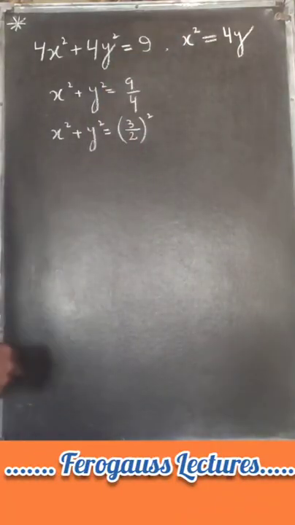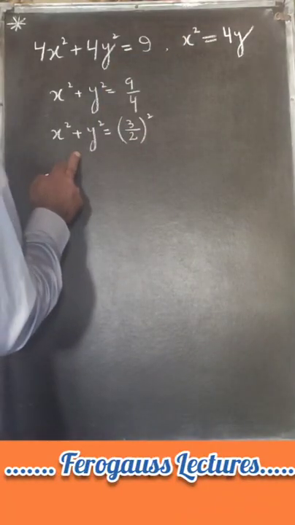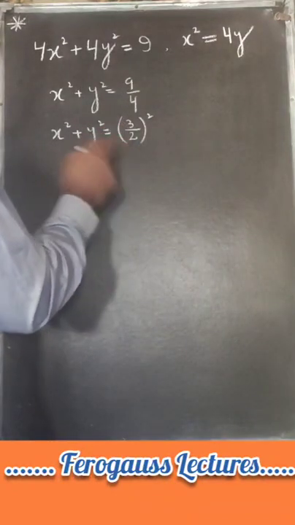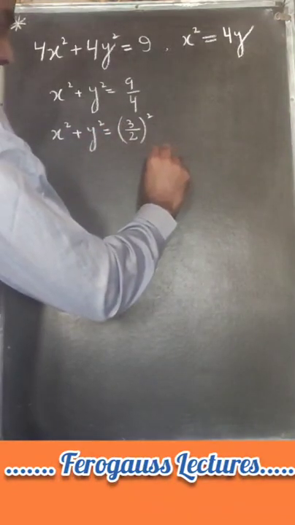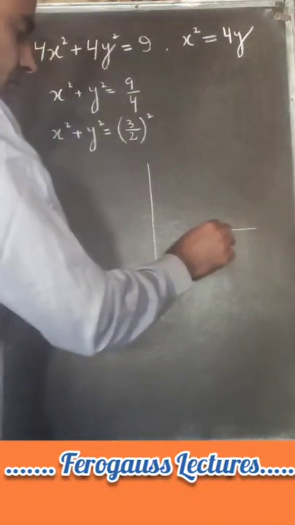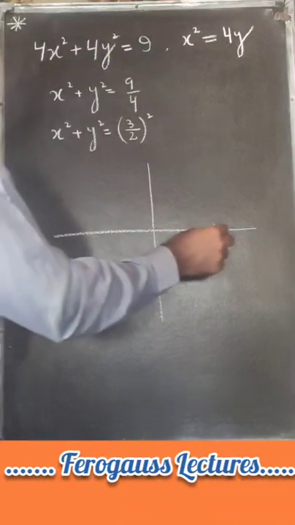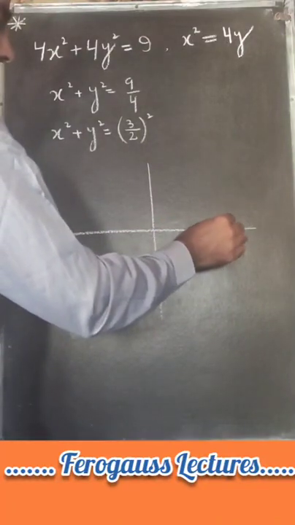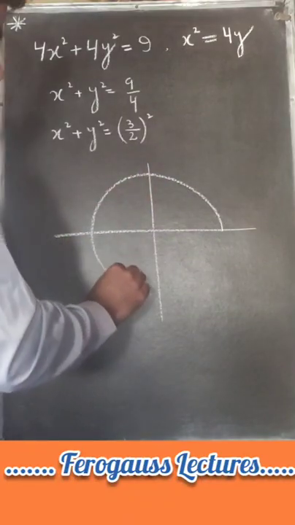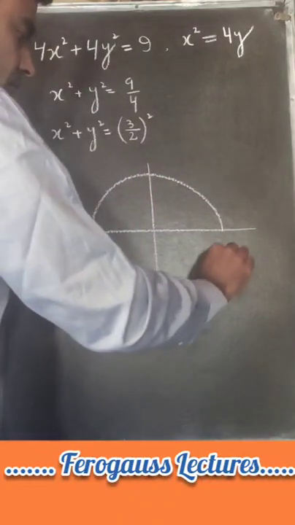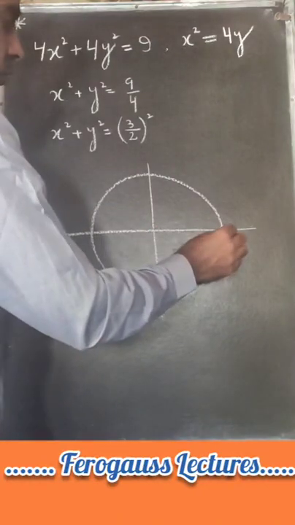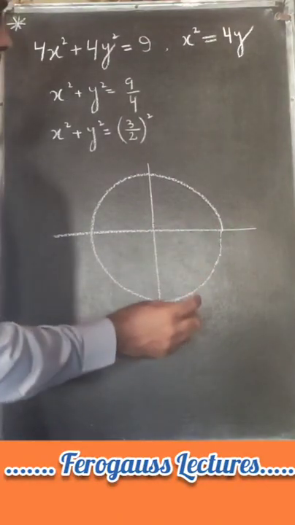Okay, now this is the circle with center at origin and radius equal to 3 by 2. So let us draw this circle. Okay, now its radius is equal to 3 by 2, or 1.5.